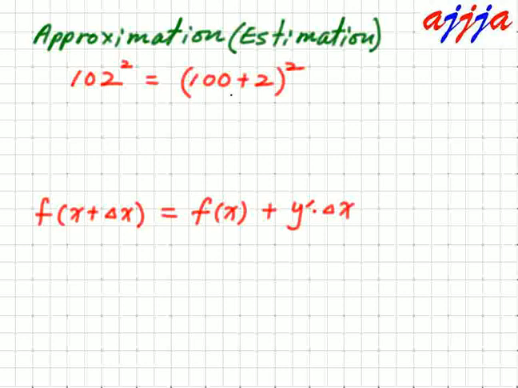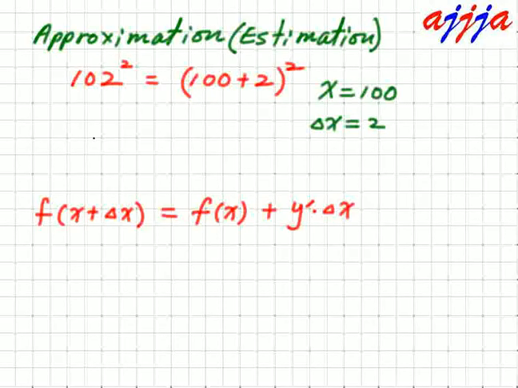So easy to calculate, because 100 times 100, everybody knows that, that's 10,000. So in this case, we treat this 100 like x. So x is 100, then a little bit of a change, which is 2, so delta x is 2.